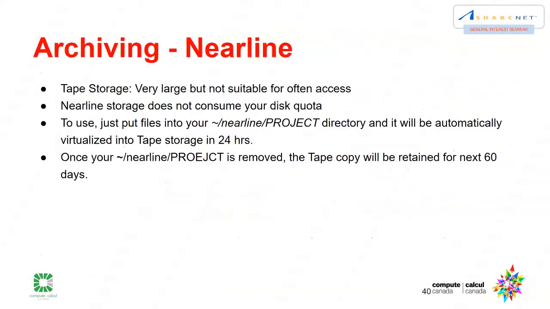Simply by putting your files into Nearline under your home directory or project directory, the system automatically backs up that data onto our tape and stores it. So this Nearline archiving is a very useful tool. Please be aware of that.